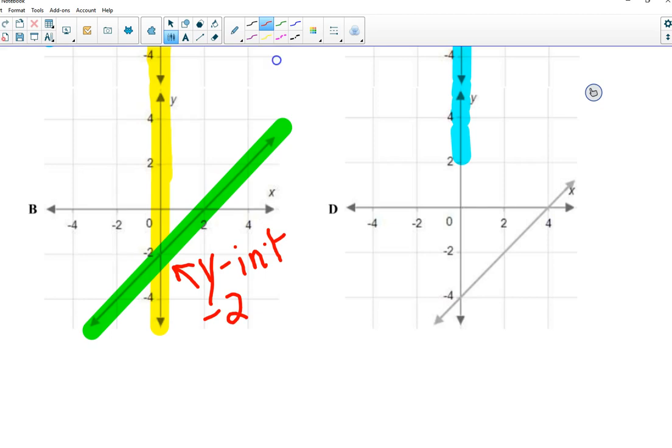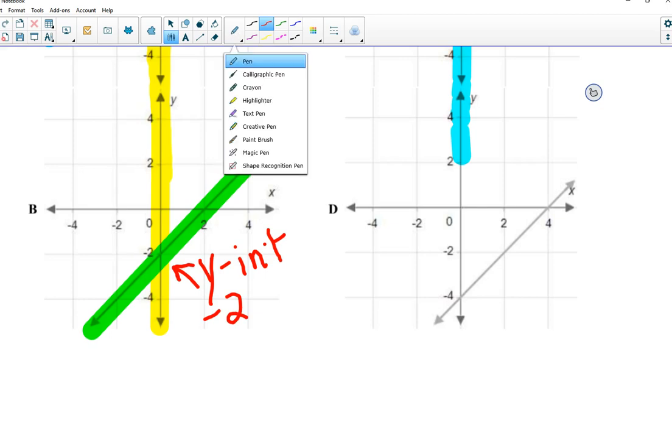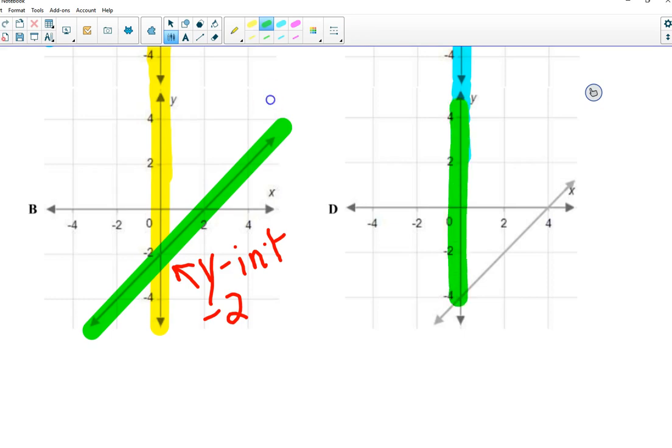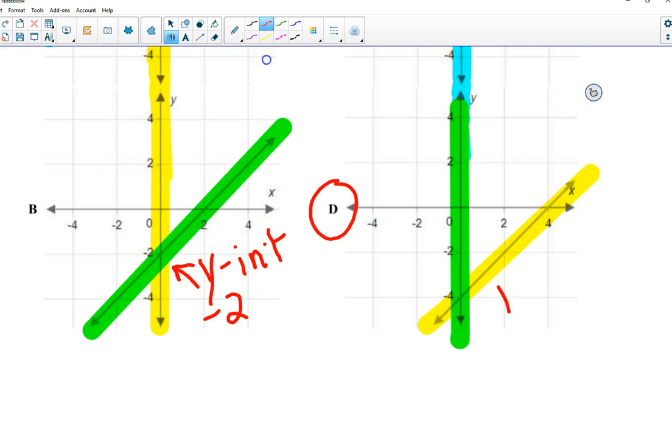So it must be the last one, which is, check it out. Where does it hit the y-intercept? -4. So the correct answer is D, because it's hitting the y at -4.